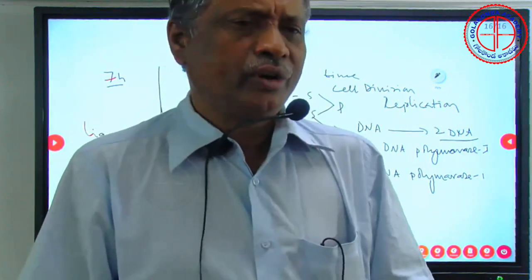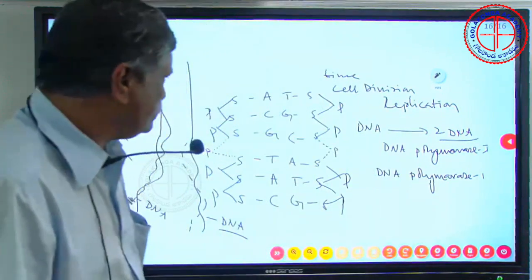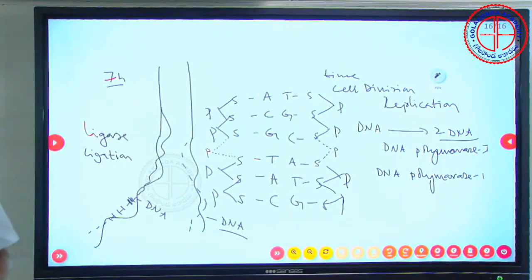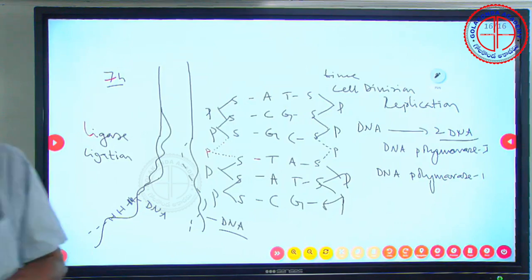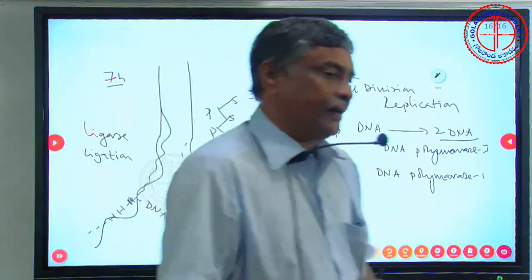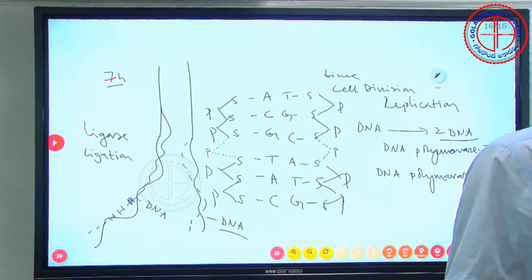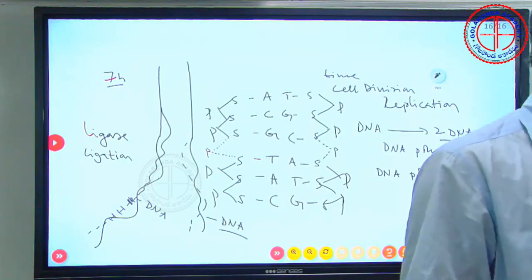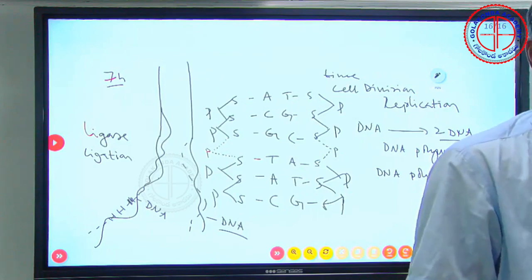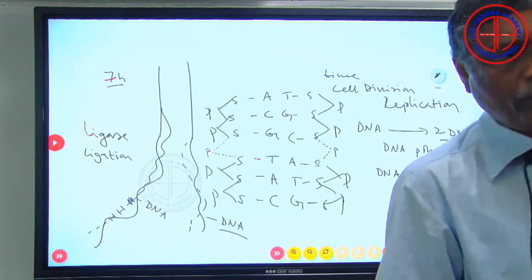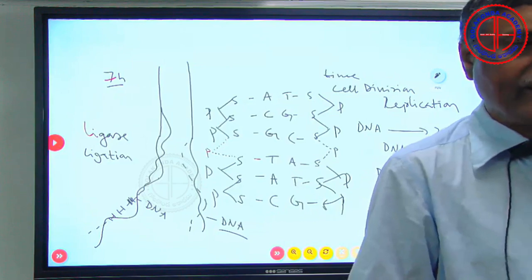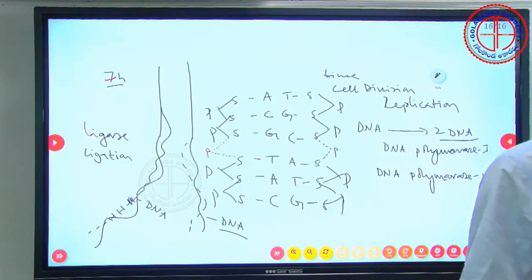In each daughter DNA, half of the helical is conserved.